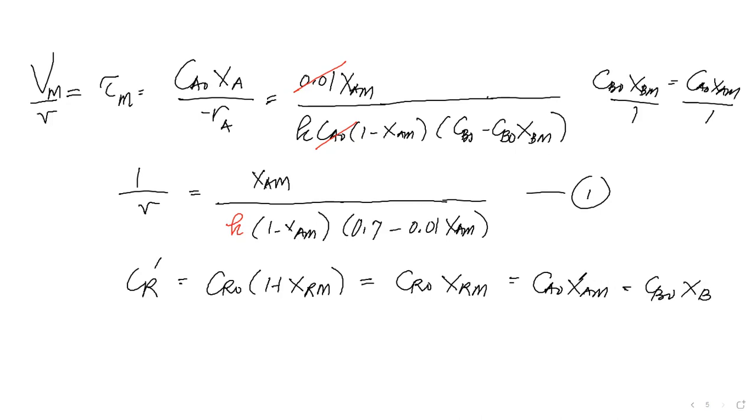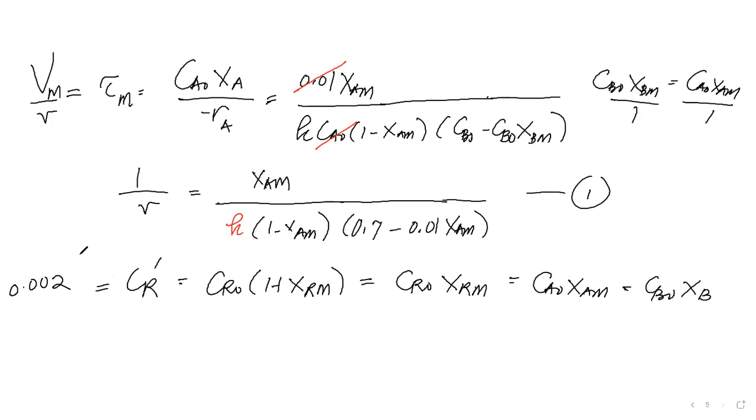I can write this to be equal to, since it was mentioned already that the amount of R formed is 0.002. So I'd like to write that as 0.002.